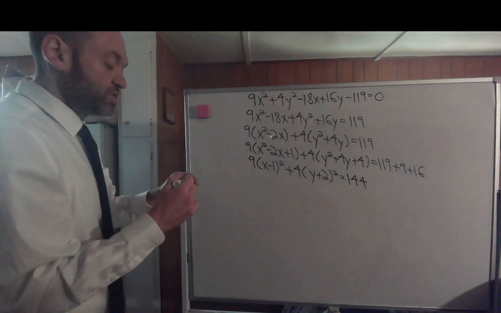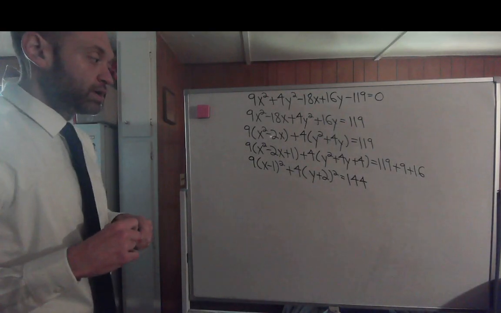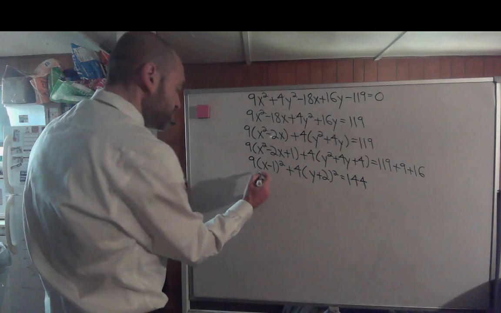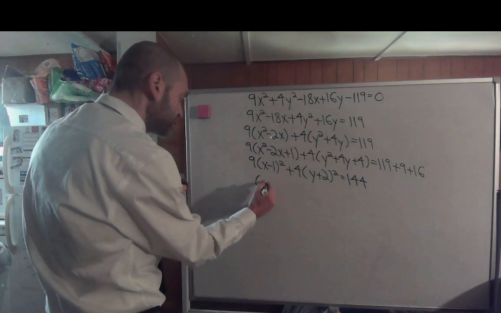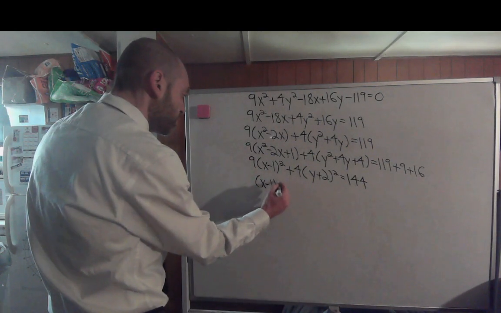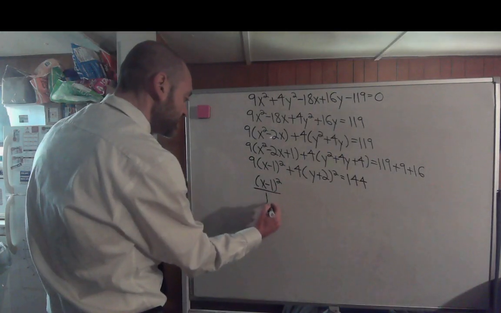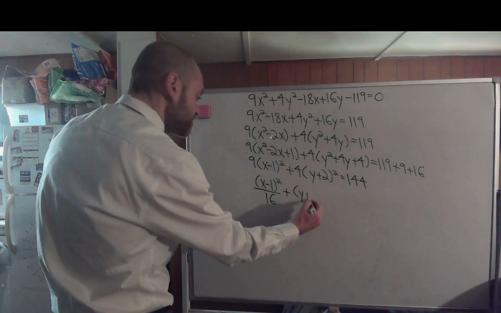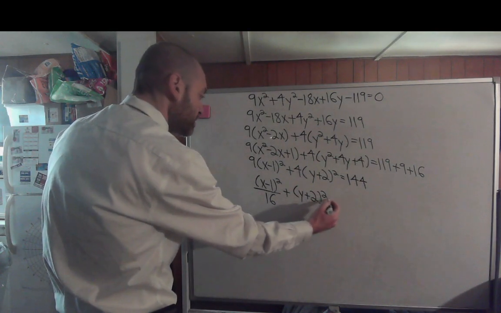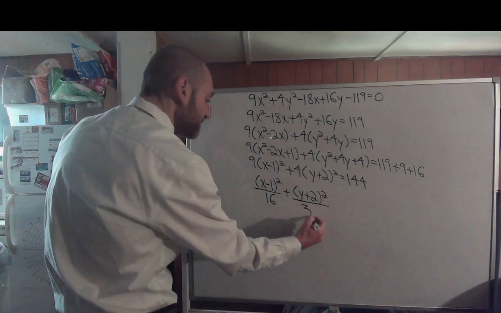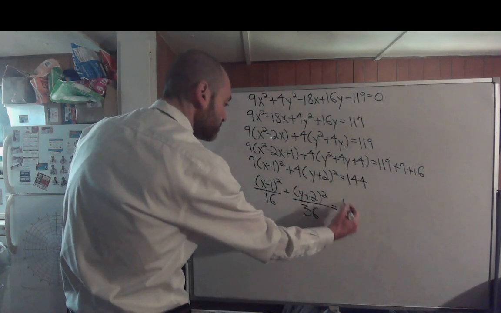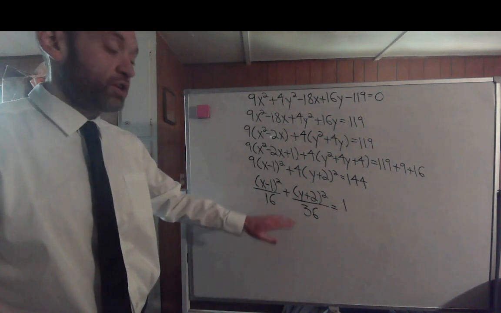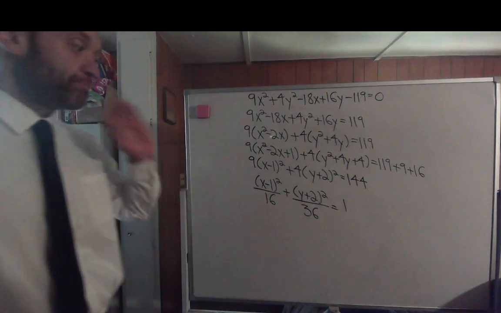Now all we have to do is make the right hand side equal to 1, so if we divide by 144, you should end up then getting x minus 1 squared over 16 plus y plus 2 quantity squared divided by 36 is equal to 1. Now we have this ellipse in a form we can work with and use to find the eccentricity.